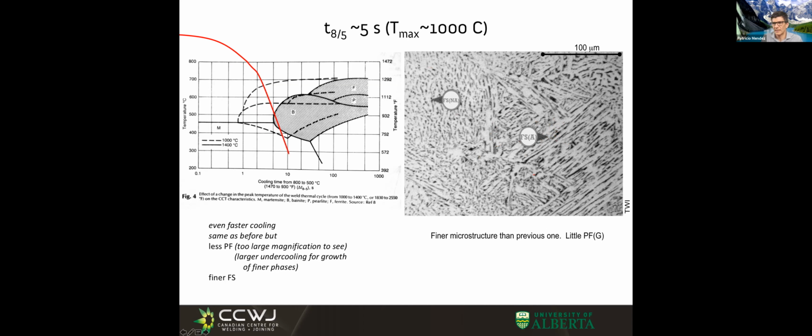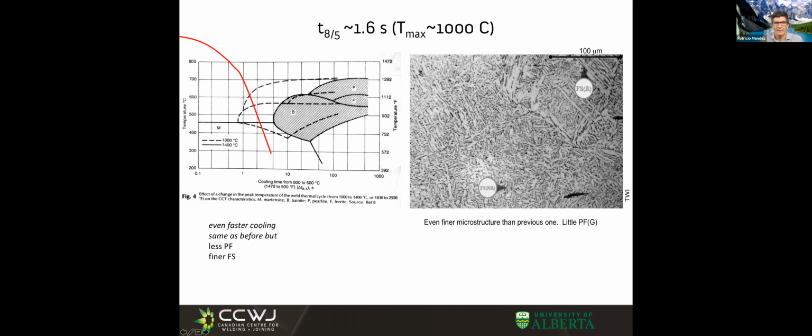We'll discuss that later. But we see this mixture of ferrite, not primary, with the carbides. And this microstructure comes all from a bainitic transformation. And I see no primary ferrite in this case.